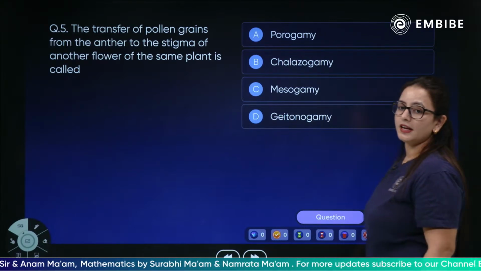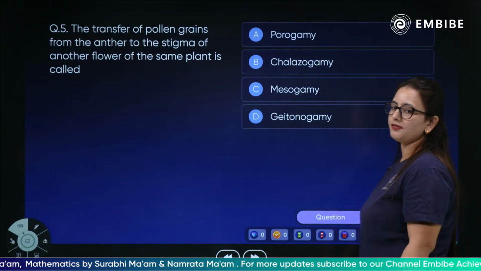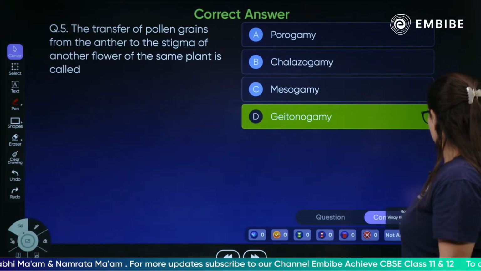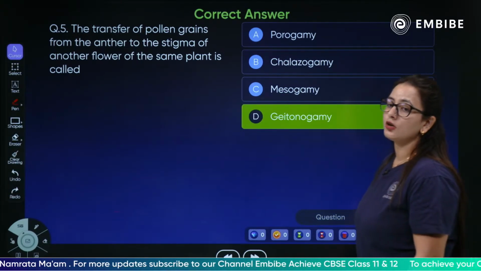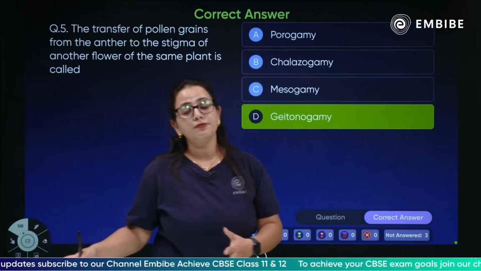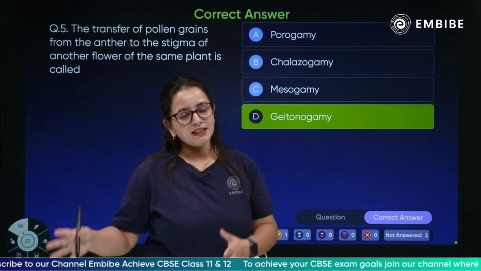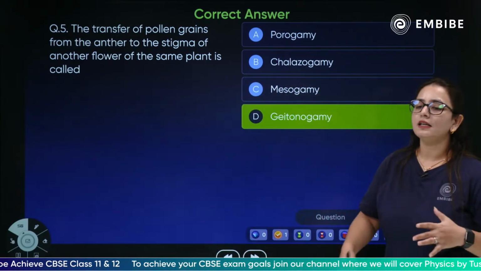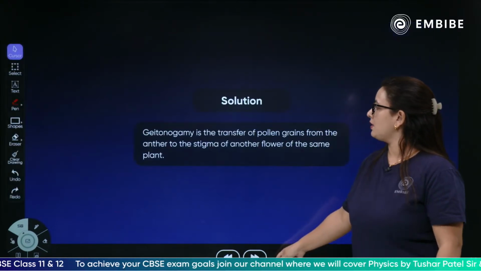The transfer of pollen grains from the anther to the stigma of another flower of the same plant is called geitonogamy. That is what you call geitonogamy, also known as xenogamy.